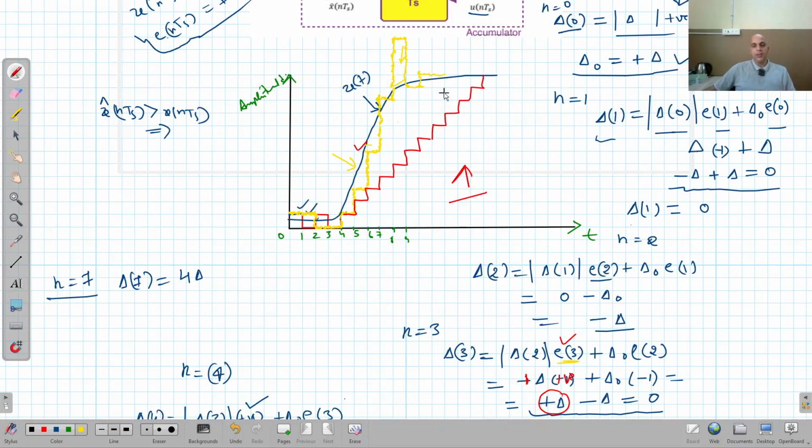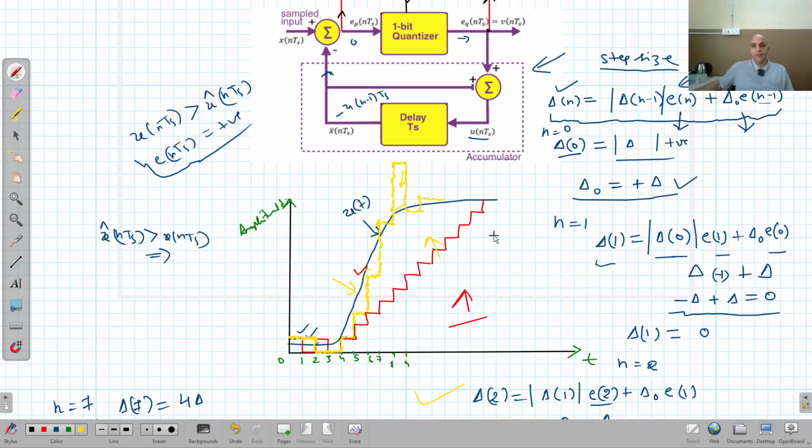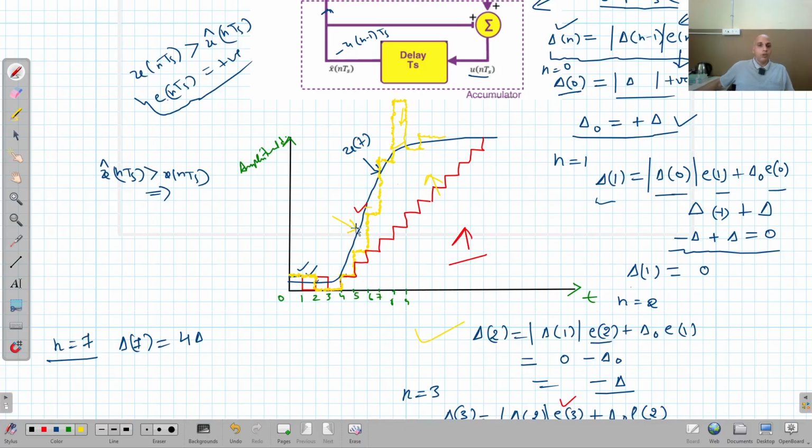So you can see the resultant waveform that we are drawing. You can do it by following the same analogy that I followed here, and you can see that both the problem of slope overload as well as the problem of granular noise, here it was a granular noise, right?